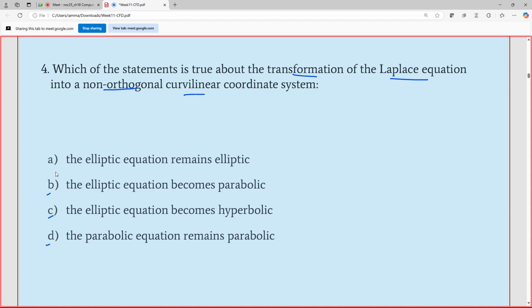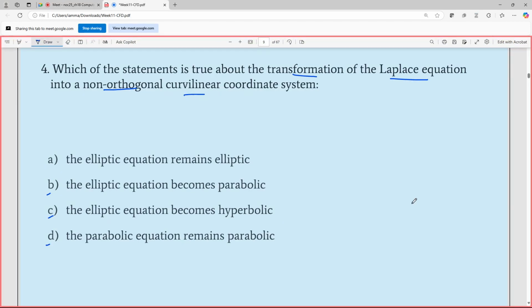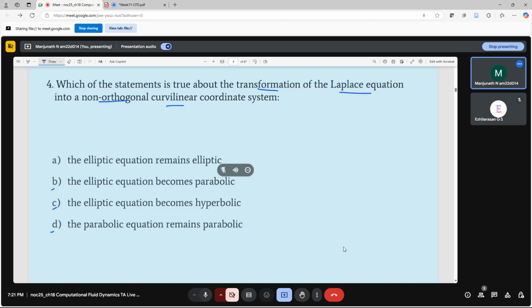Options are: the elliptic equation remains elliptic, the elliptic equation becomes parabolic, the elliptic equation becomes hyperbolic, the elliptic equation remains parabolic. So which among the following is true about the transformation? You can try to answer the question. You can inbox your answers.